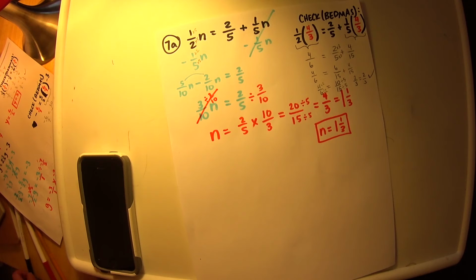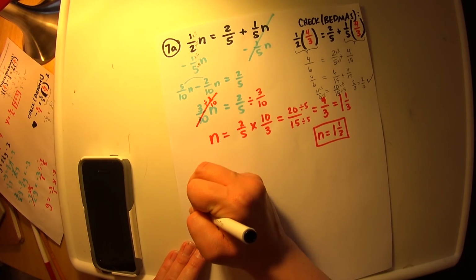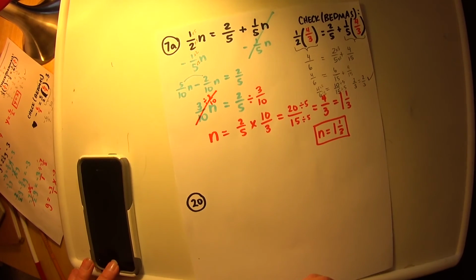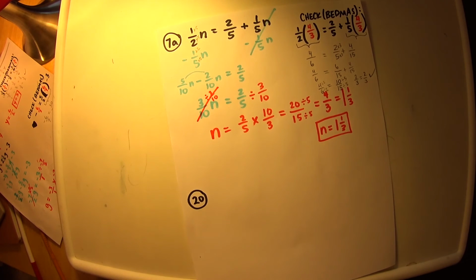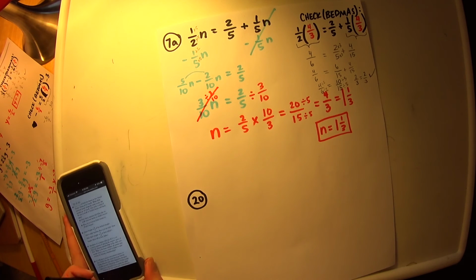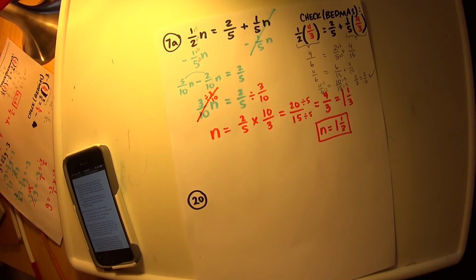Okay, one more. So, number 20. The word problem. So it says, Alan's height is 4/5 of his father's height.